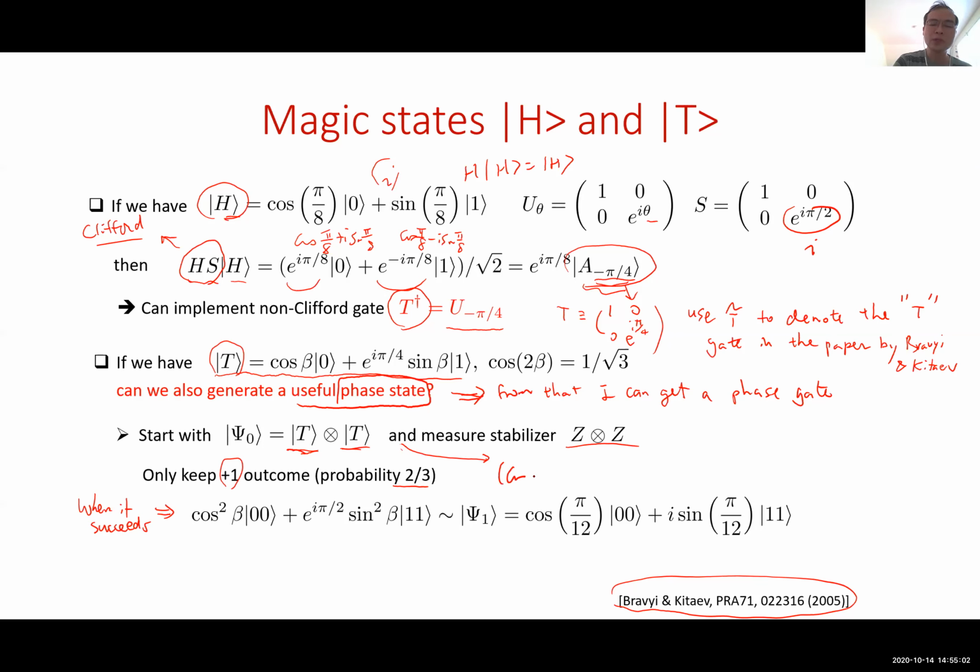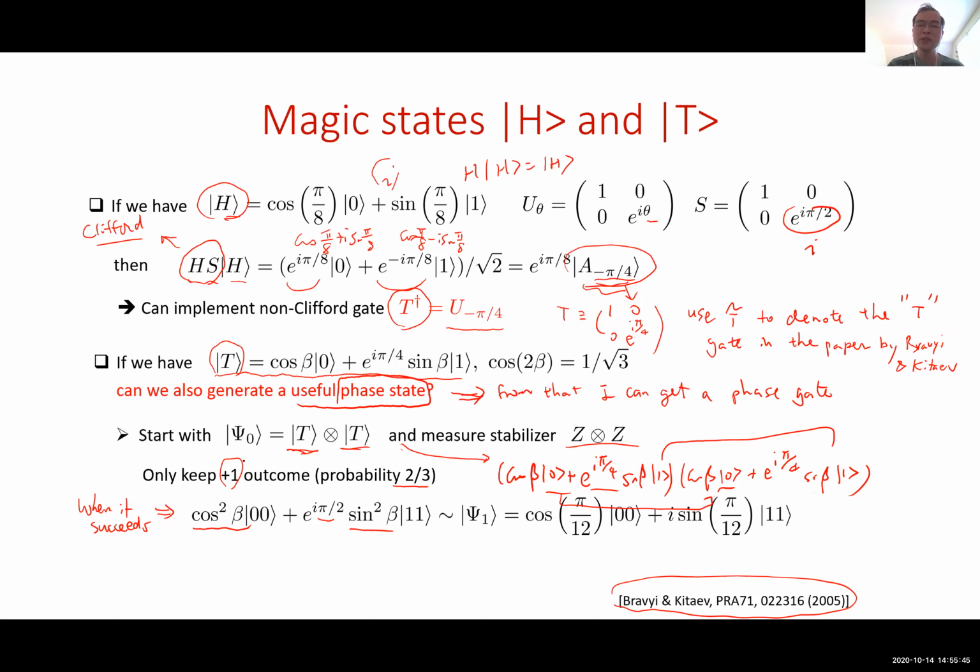So you take the 2 copies, and we only want to select the plus eigenstate, which is the combination of 0,0 and 1,1, right? And the 0,0 coefficient is cosine square. The 1,1 coefficient is sine square, and also the phase is doubled to e to the I pi over 2. Okay, this is when we get the +1 outcome.